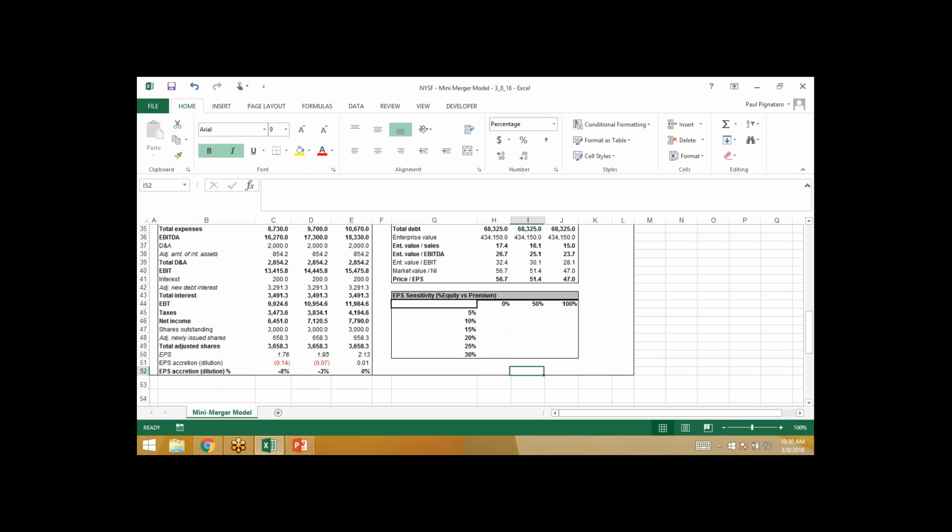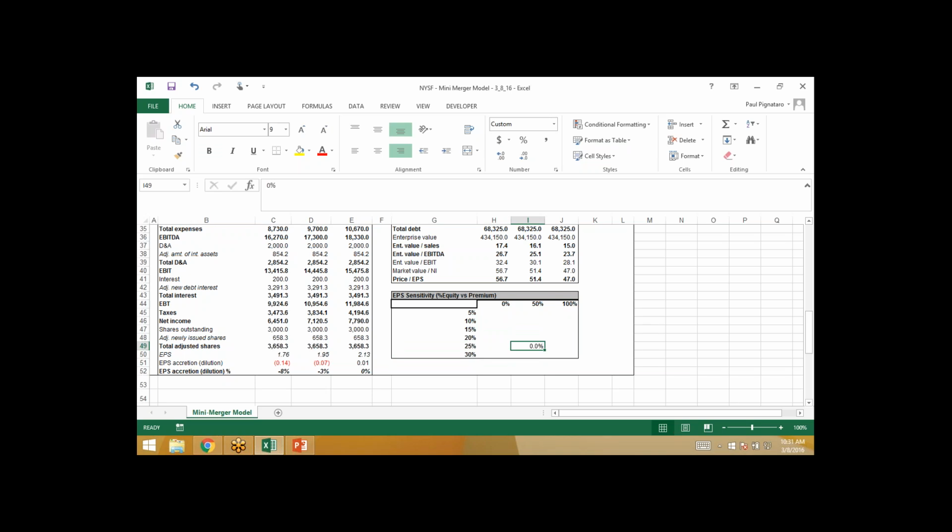Right now the 50-50 split is here and the 25 case is here, so 0% should be populated here. You could do any year. To me, 2016 is more representative of where people want the company to be, because year one is always going to be dilutive. You could do either way.